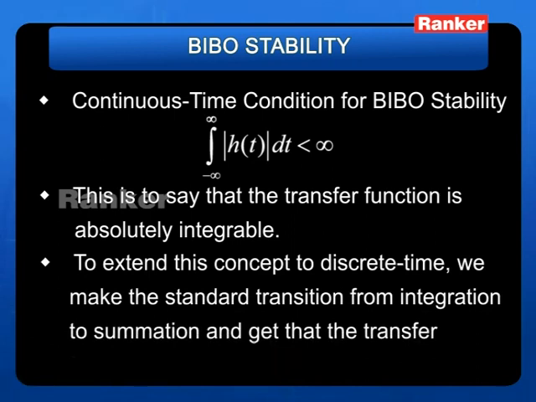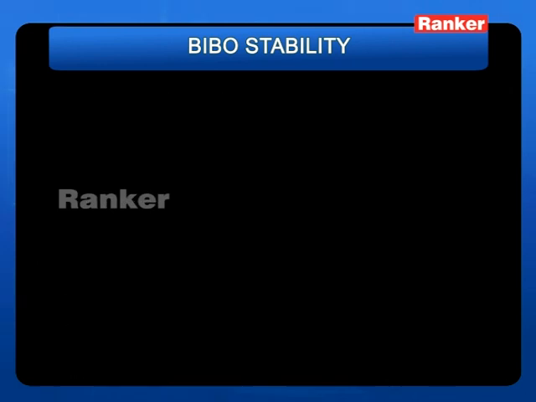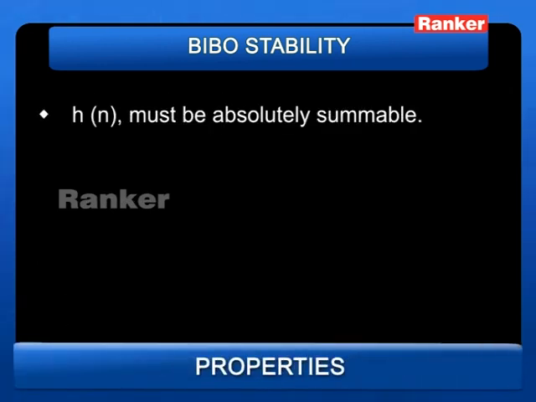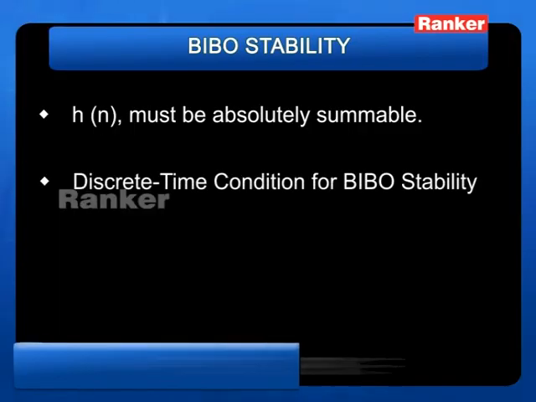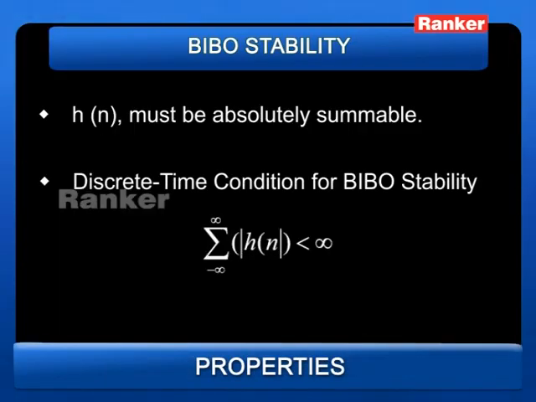Now, when I move from continuous time to discrete time, we make the standard transition from integration to summation. Then h of n must be absolutely summable. That means when I add different values of |h(n)|, they must always result in a summation which is less than infinity. In other words, the condition for discrete time BIBO stability says the summation from minus infinity to plus infinity of |h(n)| must always be less than infinity.